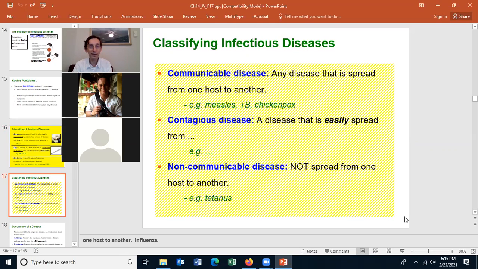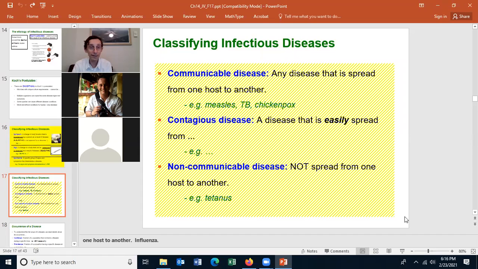So chickenpox and measles would be contagious diseases. So would the most common contagious diseases, colds and flus, very contagious. They easily spread from one host to another.